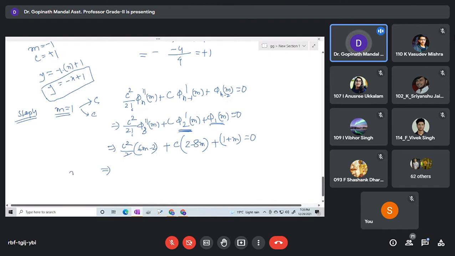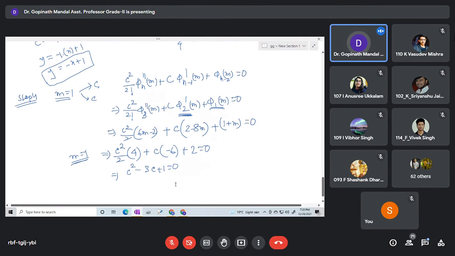Now put m equal to 1 here. So c square by 2 into 4 plus c into (2 minus 8) plus 2 equal to 0. So this gives c square minus 3c plus 1 equal to 0.